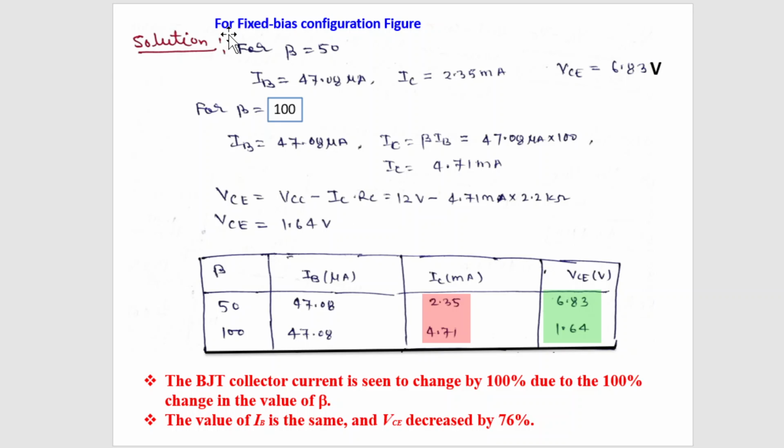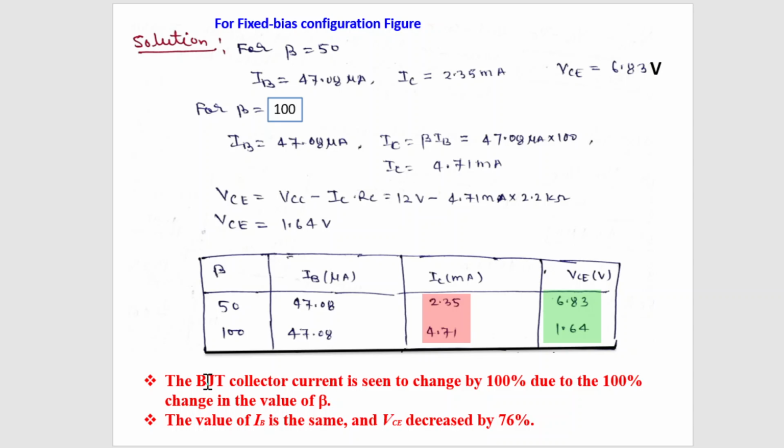For figure 1, which is an example of fixed bias configuration, if you plot a table, for beta 50 and 100, IB is equal to 47.08, and for both betas IB is the same. But for IC, for beta 50, IC is equal to 2.35 milliampere. When you change beta from 50 to 100, IC also changes just double. If you double beta to 100, IC also just doubled.